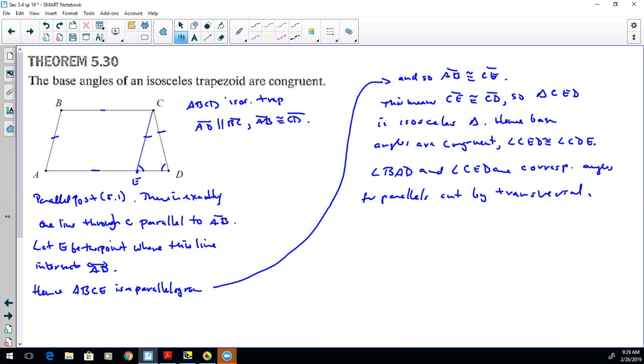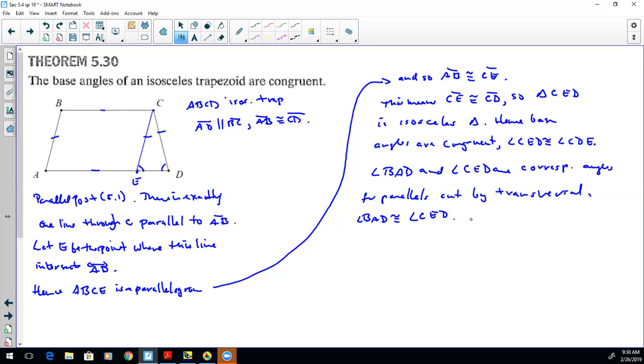So angle BAD is congruent to angle CED. But CED is congruent to CDE.